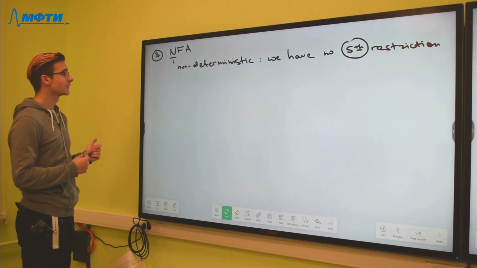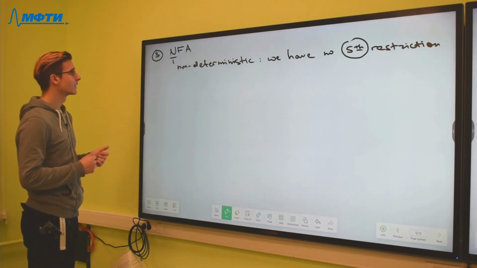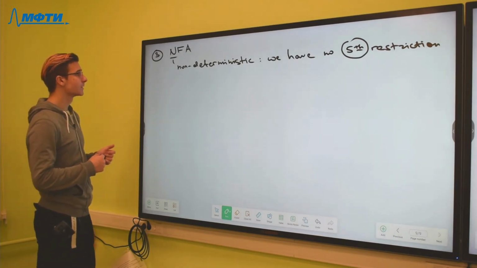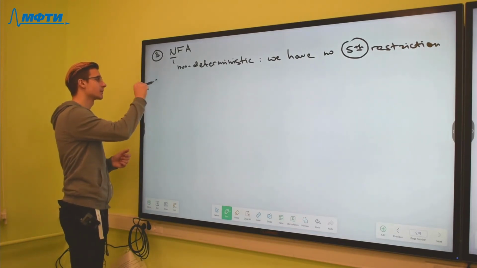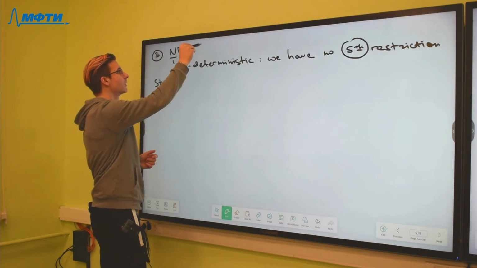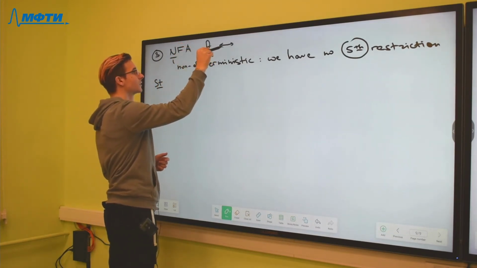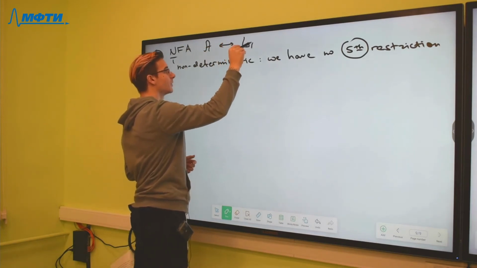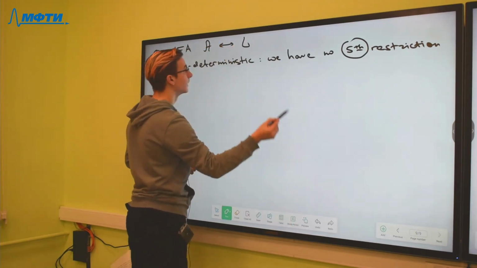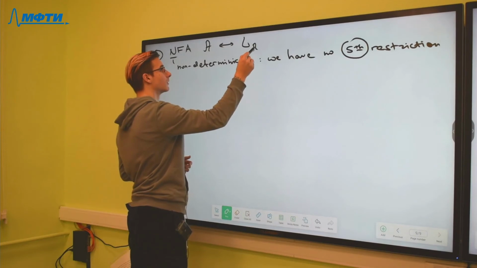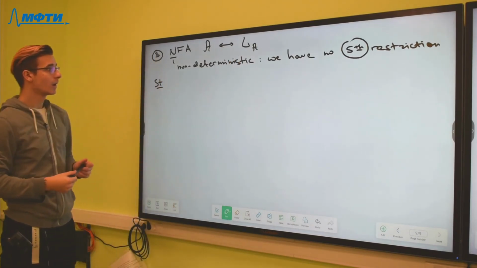What is interesting for non-deterministic and deterministic automata? Of course, if we have a non-deterministic automaton A, we can talk about the language of this automaton.